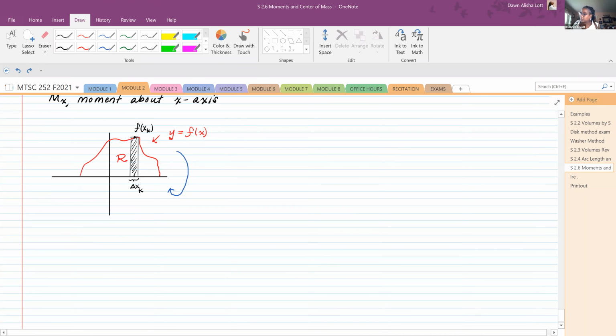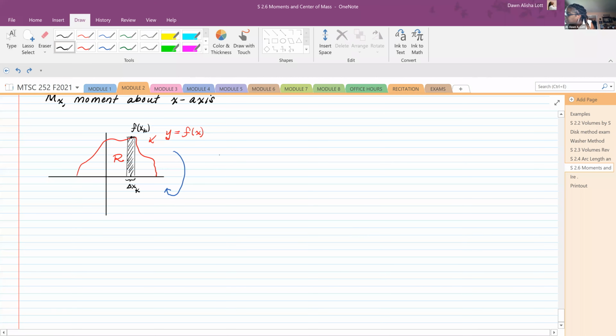So we still get the same thing. Now we get Mx is approximately the sum k equals 1 to n, almost said infinity, of the yk distance, again, times delta mk.